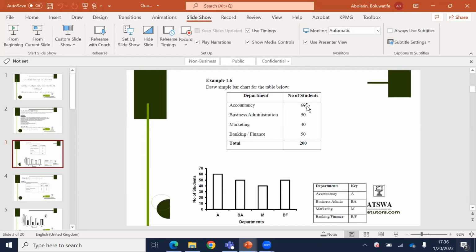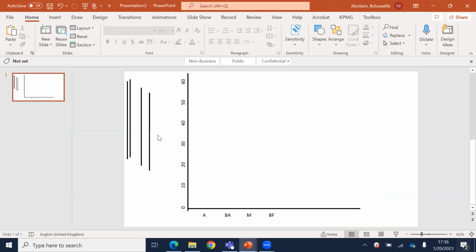So the first one we have is what? We have 60. And we say this is simple. So it will reach 60 right here.